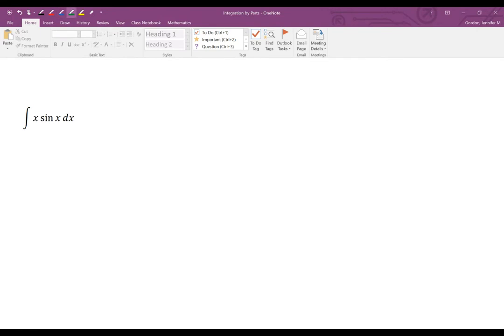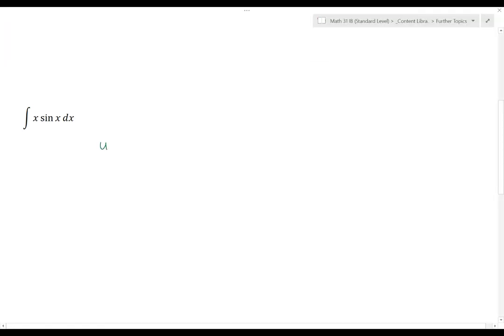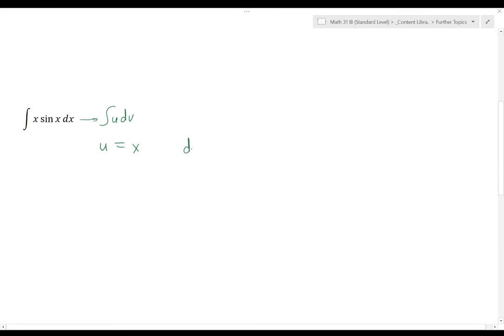So we're going to assign u and dv. I'm going to pretend that this is the integral of u dv. I'll define u as x, and dv as the sine of x dx.